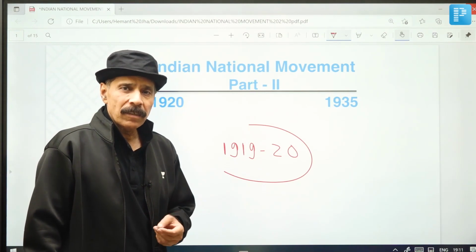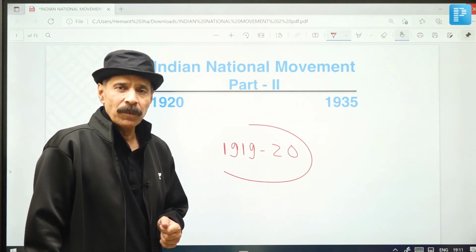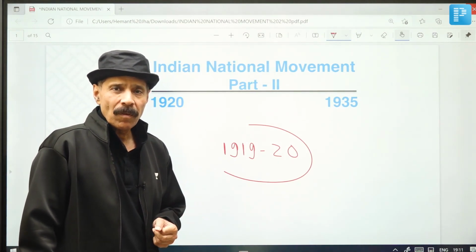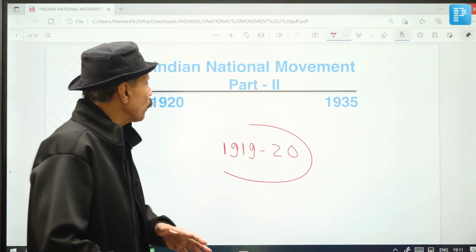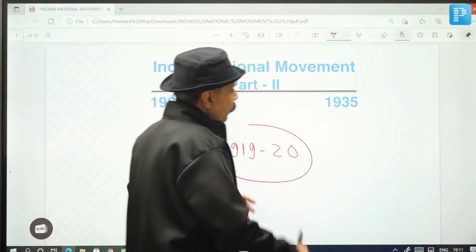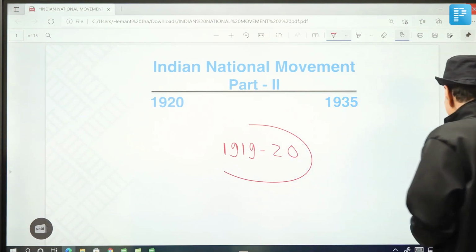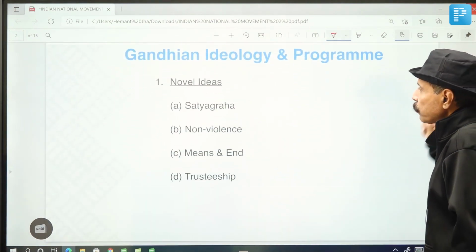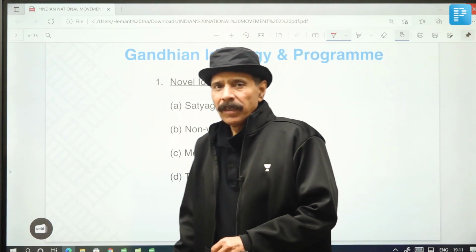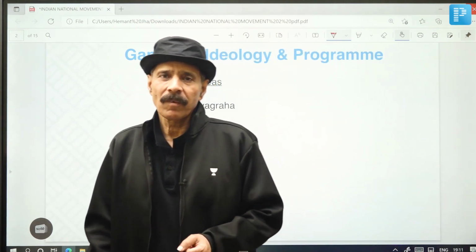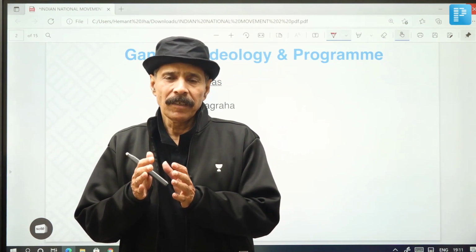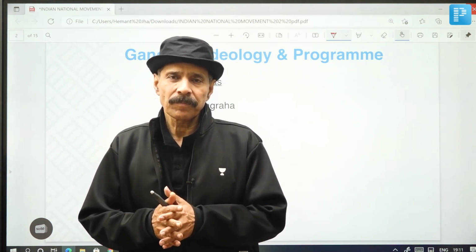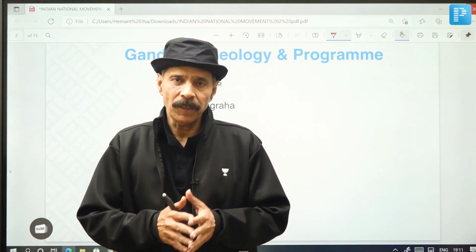Now let's consider the important aspects of the Indian National Movement of the period 1920-1935. As you have come to know, 1919-20 marked the beginning of the Gandhian phase.